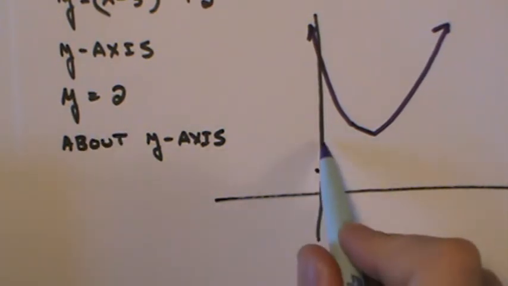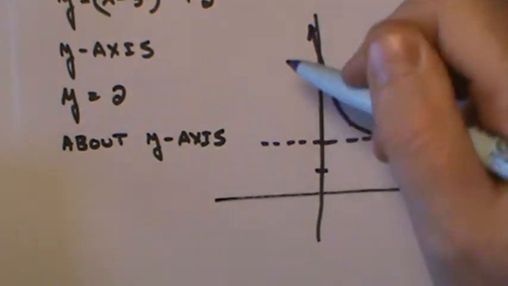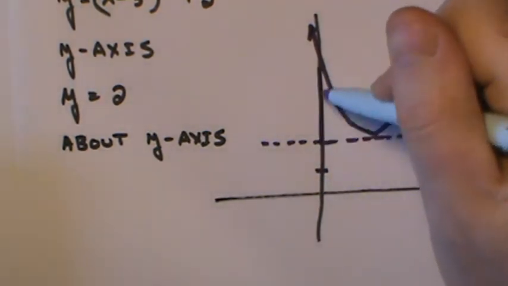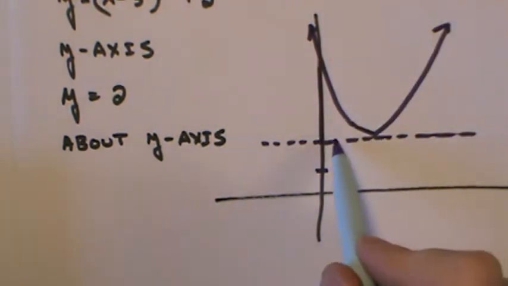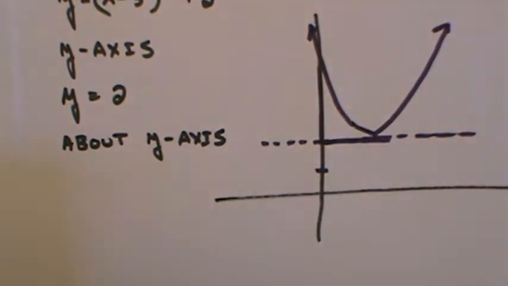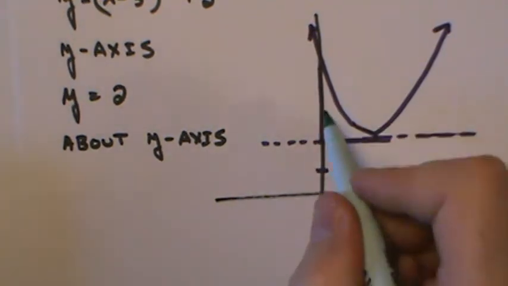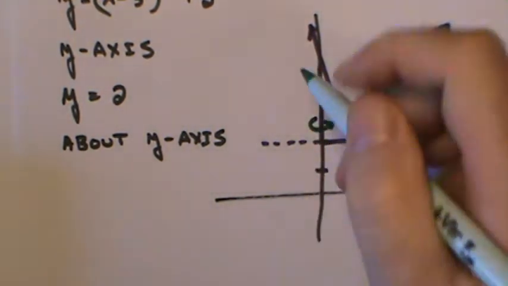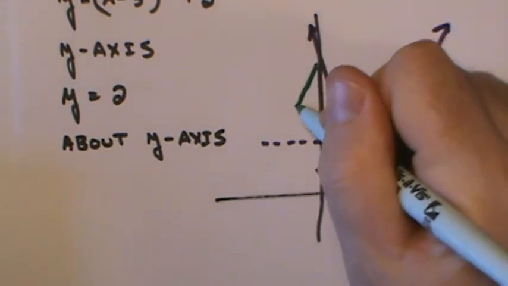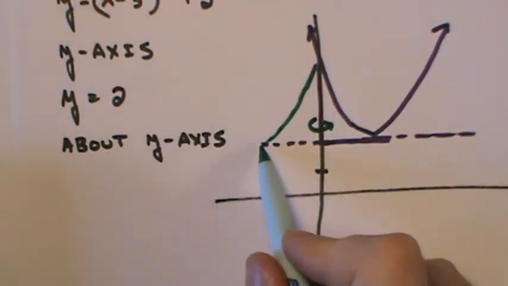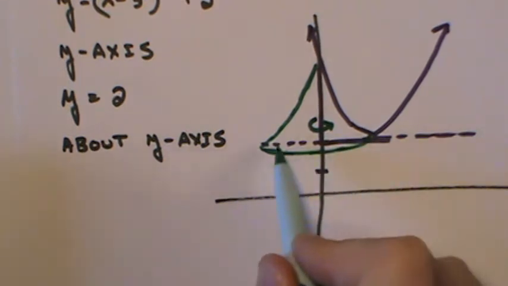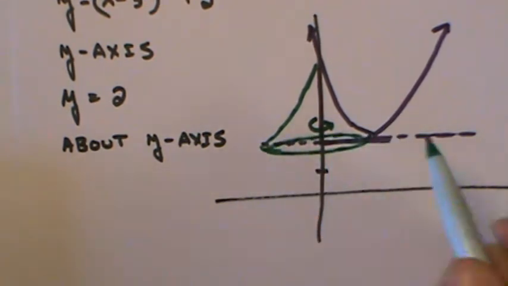So y equals 2 happens to be right here, and the y-axis. So this is the region that they want me to revolve, but they want me to revolve it about the y-axis, which means that it would produce this upside down tornado shape, almost like a Hershey's Kiss shape.